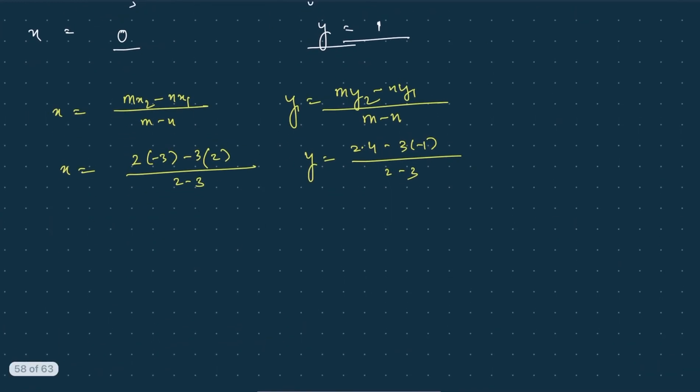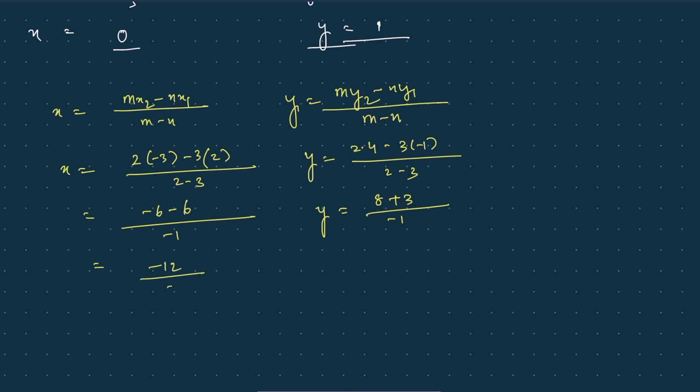So now you compute here. 2 into minus 3 is equal to minus 6, and minus 3 into 2 is again minus 6, so it is minus 12, divided by 2 minus 3, which is minus 1. Then y is equal to 2 into 4, which is 8, minus 3 into minus 1, which is minus 3. So minus into minus is plus, so 8 plus 3 is equal to 11, divided by minus 1.